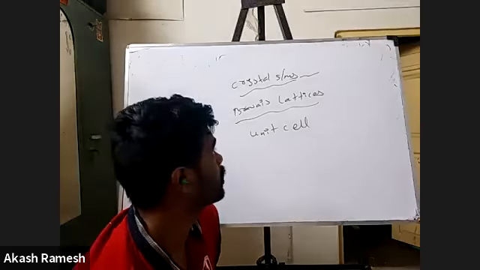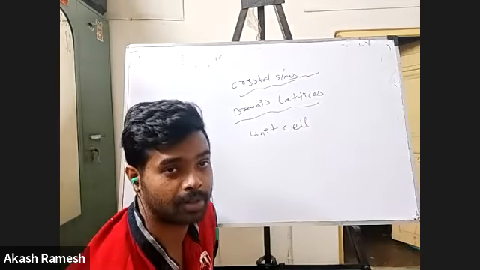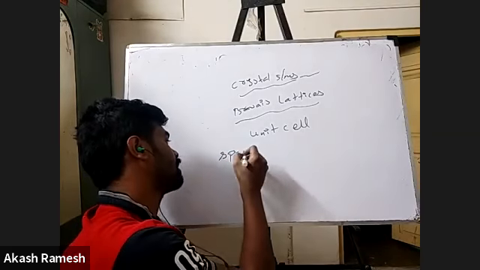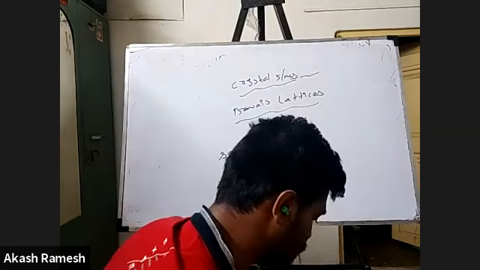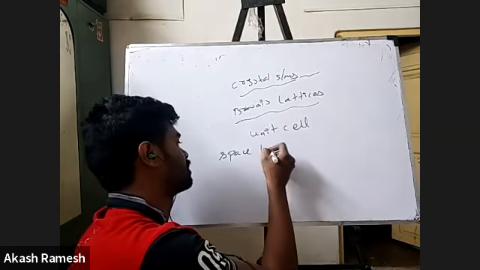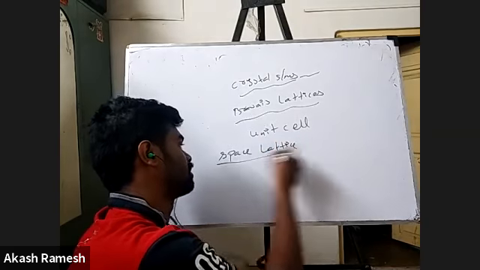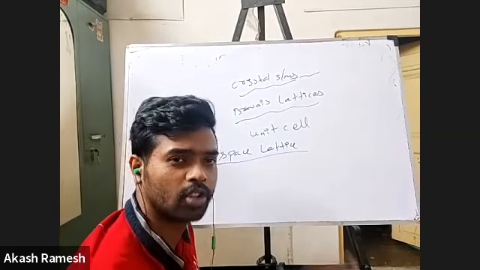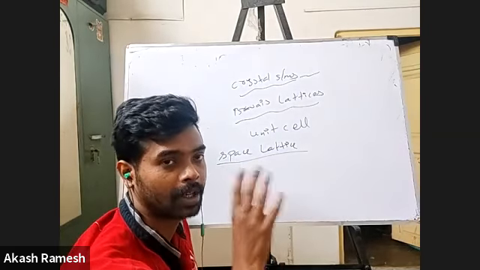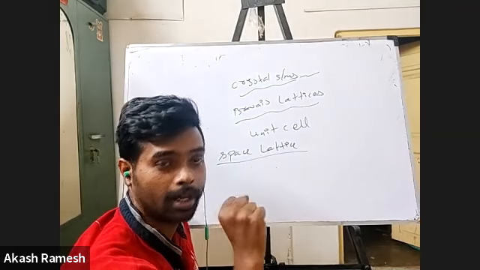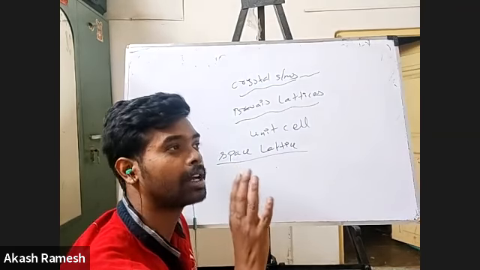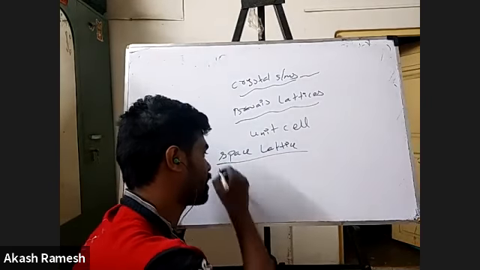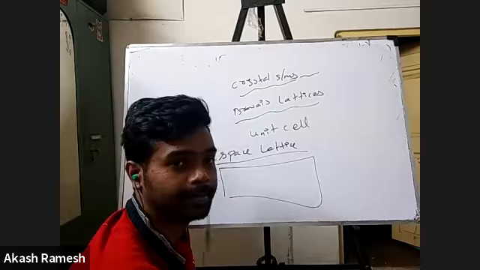Okay, right. So when I say crystal systems, first what you have to understand is something called space lattice. Okay, right, fine. So when I say space lattice, assume that I have a solid. Now this solid, assume that this entire thing is a solid.